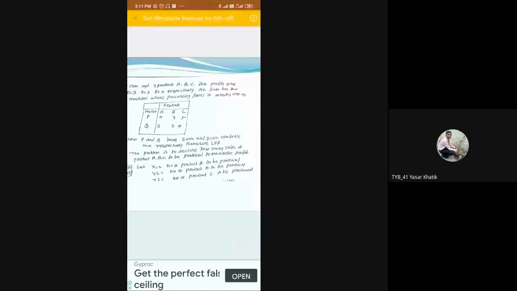Management will take the decision within the specified time, maybe 2 months working time, and within this we will produce this much quantity. If we produce this much quantity, we get this much profit, and this much cost will be reduced. So we require this decision through this mathematical formulation.